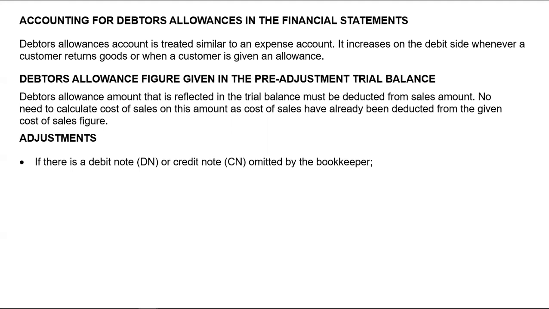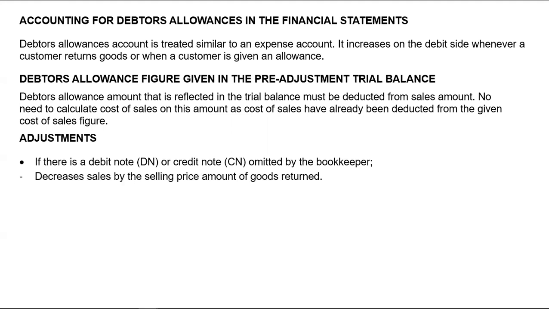Trading stock has been understated. And cost of sales has been understated, actually overstated in this case. So we need to reverse all of those. So what do we do when the credit note or a debit note has been omitted? Okay, these are the steps that you need to take.